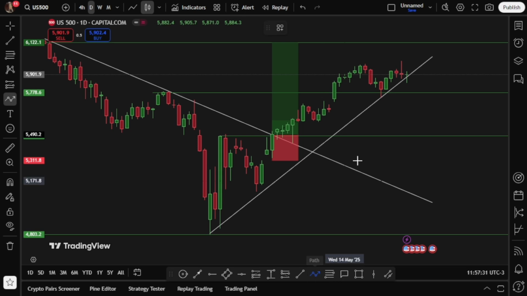That means that if I see a candle close below this trend line and also below this level, the recent higher low, then I am out, because I know that is a reversal. Once the higher low is broken, a new trend is about to form, which is the downtrend. Then I am off the trade.